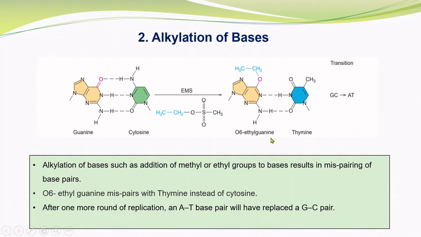This O6 ethyl guanine base pairs with thymine and it causes mutations, because in the next cycle of replication, this thymine would base pair with adenine. So therefore, there is a substitution of GC base pair to AT base pair.